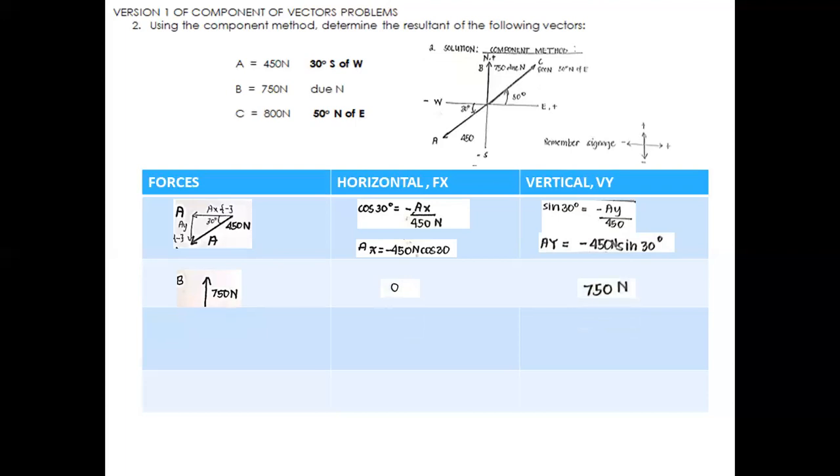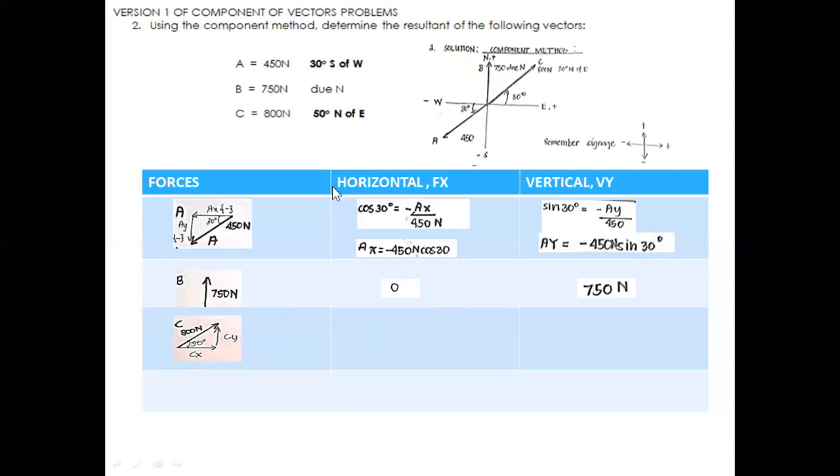Now let's proceed with vector C. For vector C, as you can see here, it has a horizontal force pointing towards our right or east, so that is positive. And it has a vertical force pointing towards north, so that is also positive.